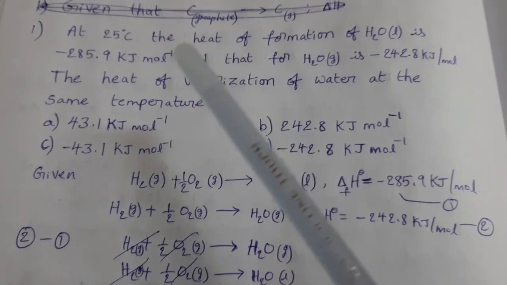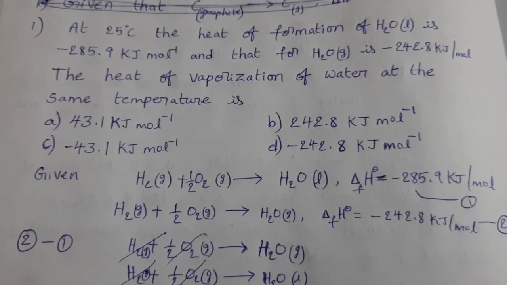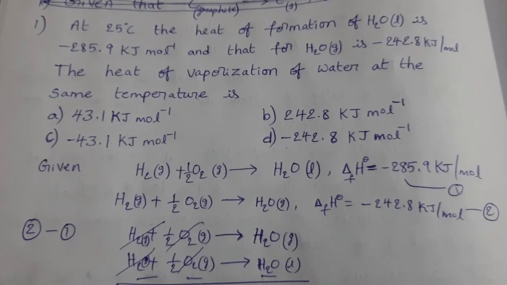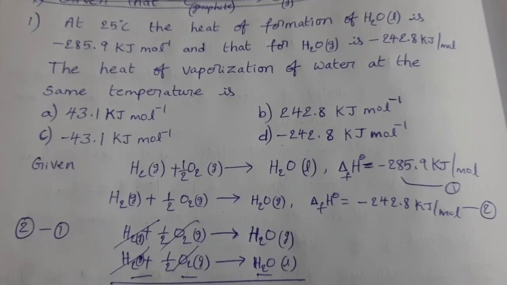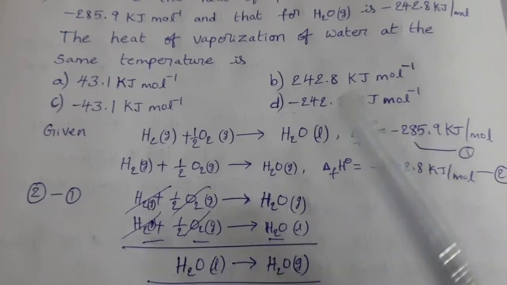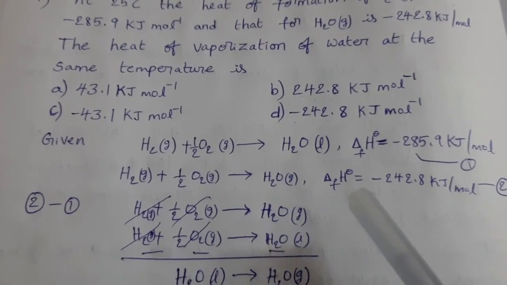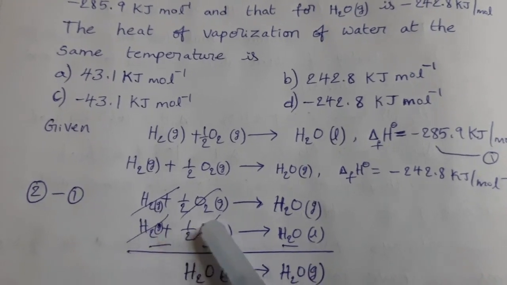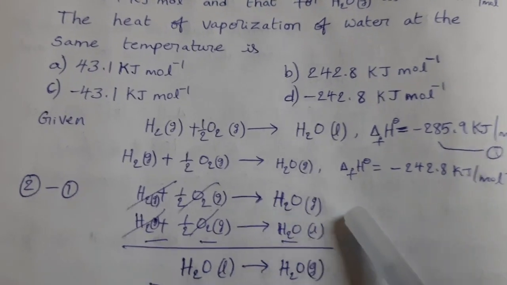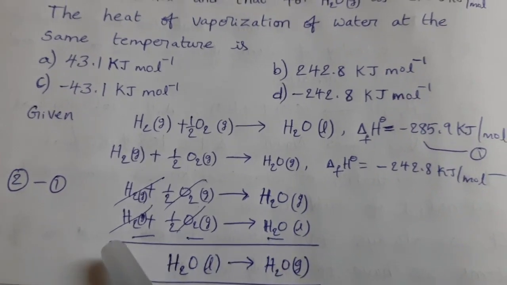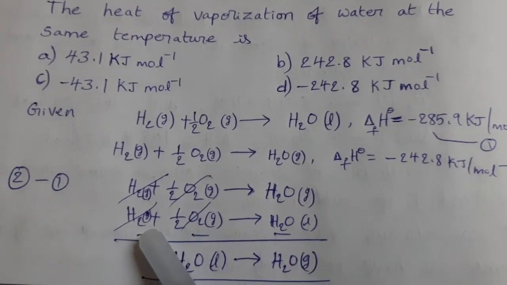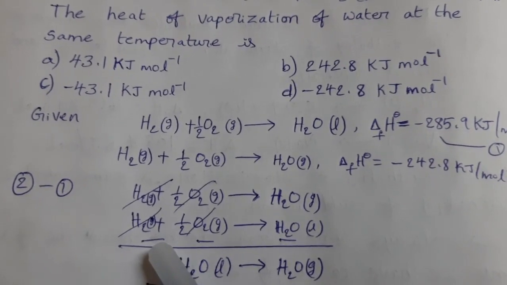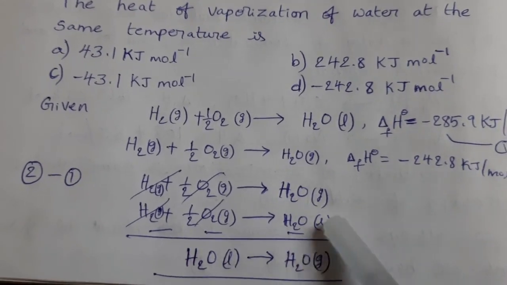Now, heat of vaporization of water. Vaporization means water H2O present in liquid state is converted into gaseous state. For that, subtract the first equation from the second equation. H2 plus half O2 gives rise to H2O gas. And the first equation, H2 plus half O2 gives rise to H2O liquid. First, this equation's sign will be changed because we are subtracting.